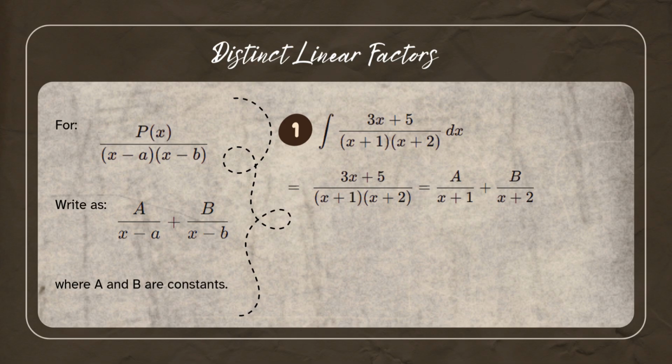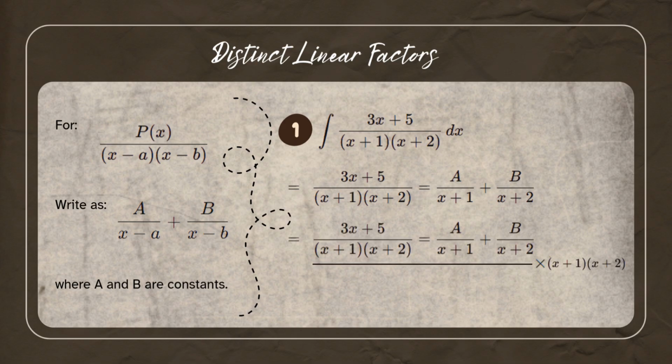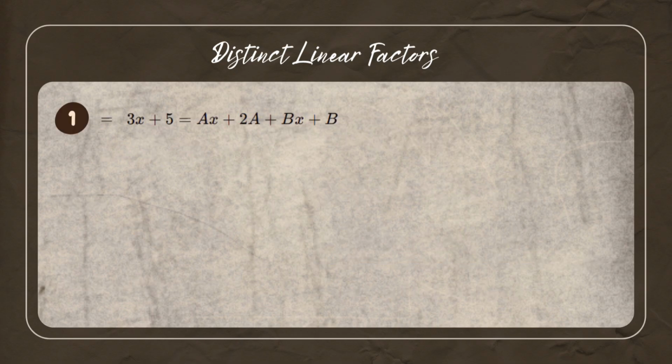And then the next step is you need to multiply it by (x plus 1) times (x plus 2), and you will have this, where A times (x plus 2) plus B times (x plus 1). After you have this, you need to expand it, and it will become like this, and then you need to factor it out to solve the A and B.